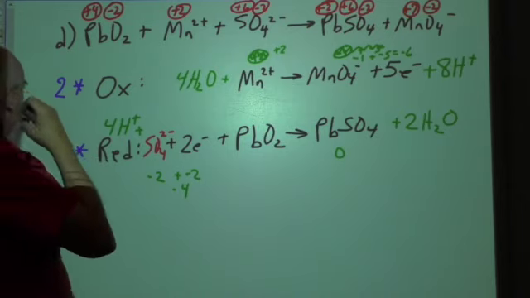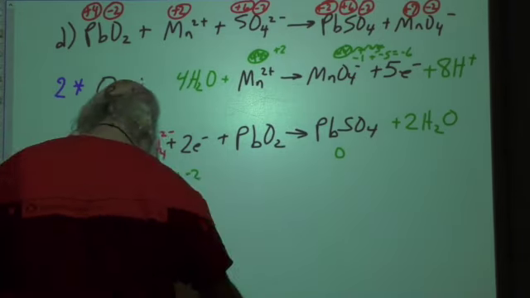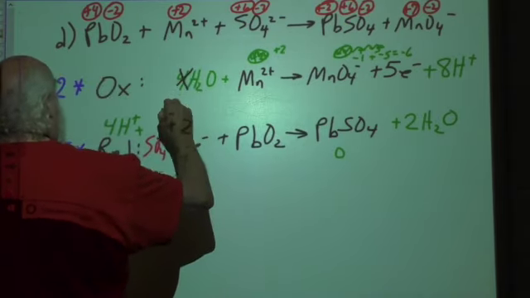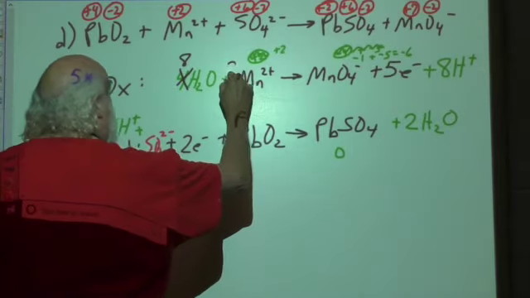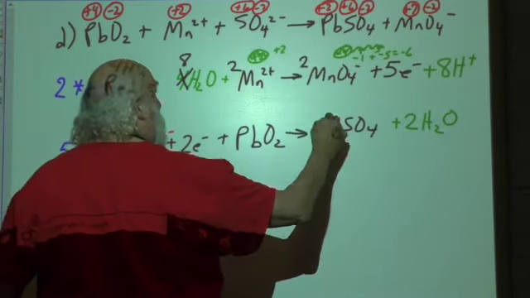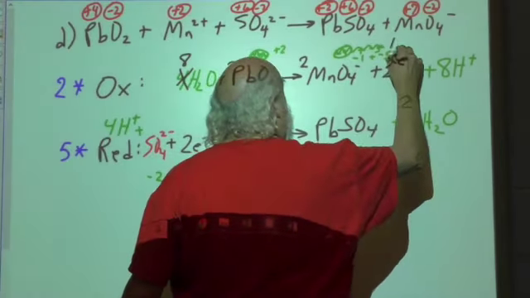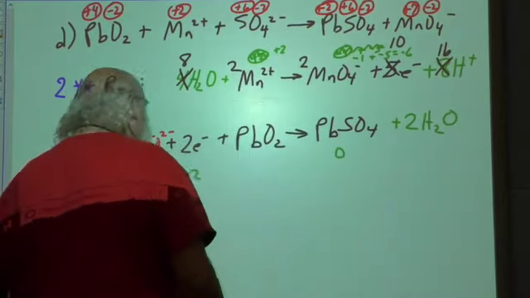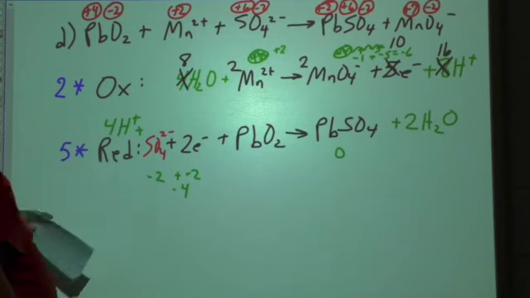Alright, so when that happens, we're going to get 8, 2, 2, 10, and 16. And over here, we multiply by 5.